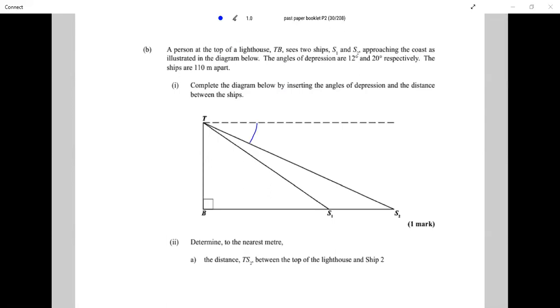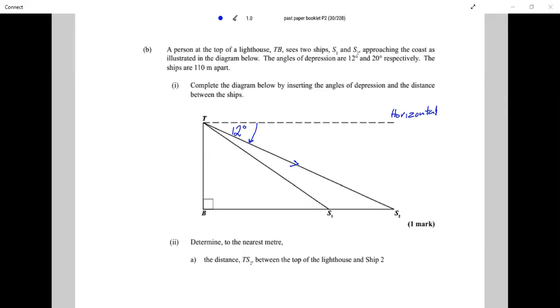Angle of depression, as you should remember, is the angle between the horizontal and the line of sight when you're looking down. So the person is at T looking down at what? At the ship S1. This line here is the horizontal.